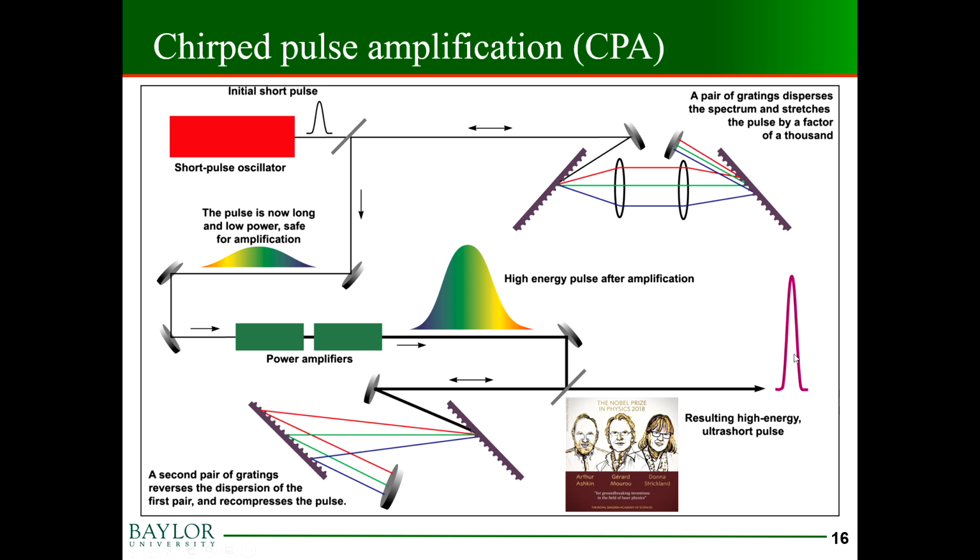The pulse width is going to be the same as the original, because the dispersion effects just do the opposite. But now the pulse energy is way higher than the original energy. So you first stretch out the pulse, get the amplification, and then you compress the pulse, and it becomes very high power.